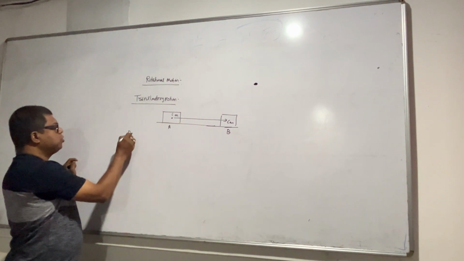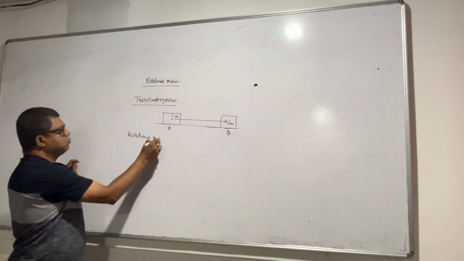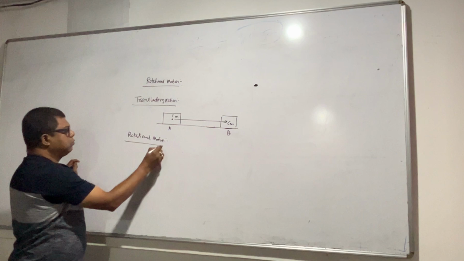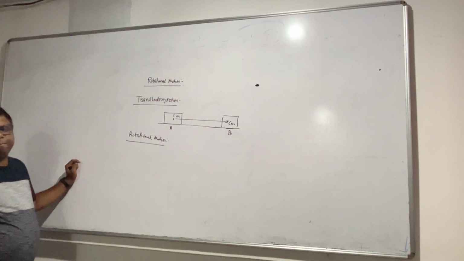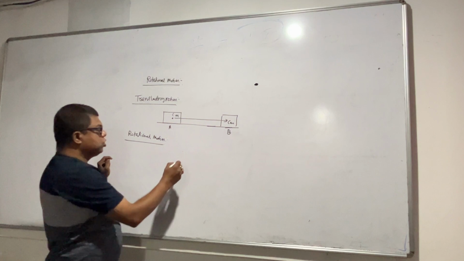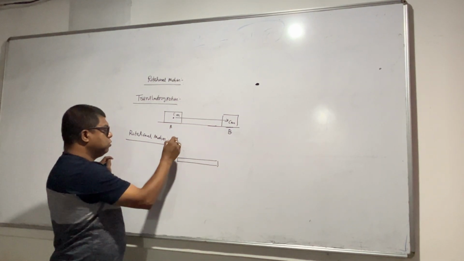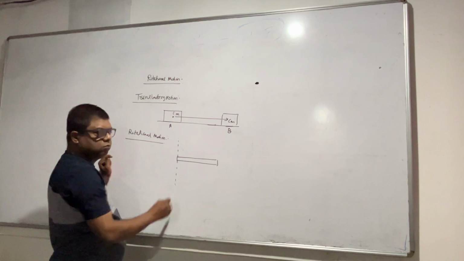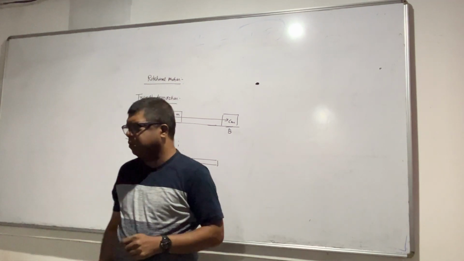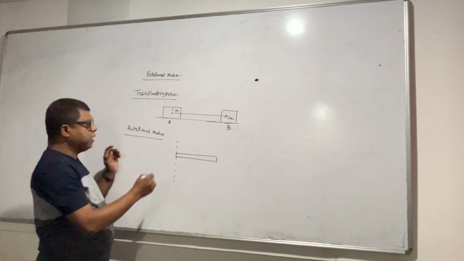What is rotational motion? In a rotational motion, suppose this is a body, suppose this is a rod, and this rod is rotating about this axis.